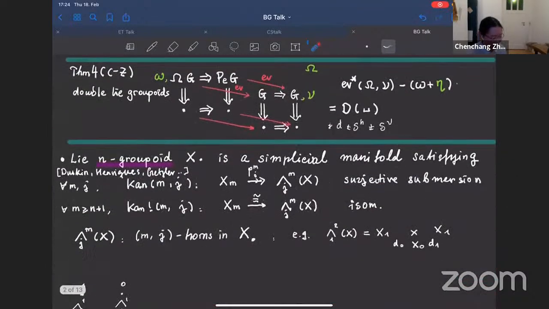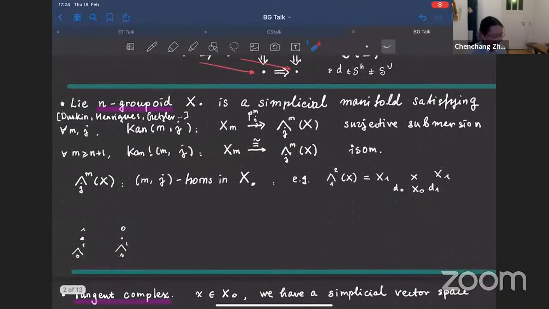A Lie n-groupoid is a simplicial manifold satisfying certain Kan conditions, where the Kan condition from X_m, the mth level, to the horn space is a surjective submersion for everything, and is an isomorphism for m greater or equal to n plus 1.